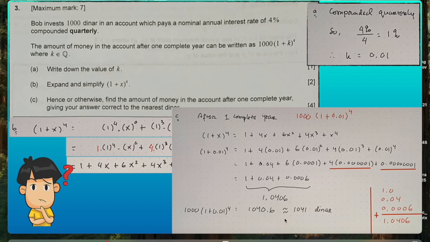Because again the question says give your answer correct to the nearest dinar. If you look at this term, for example, if you multiply this by 1000, this will not be rounded up. Therefore, these two terms can be considered insignificant. So there you go. The answer is 1040.6, rounded up to 1041 dinar.